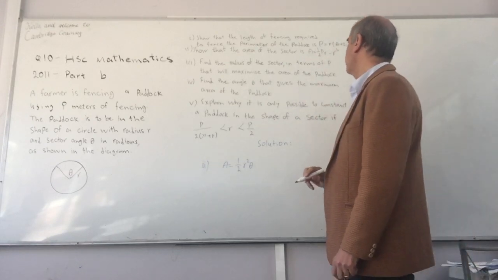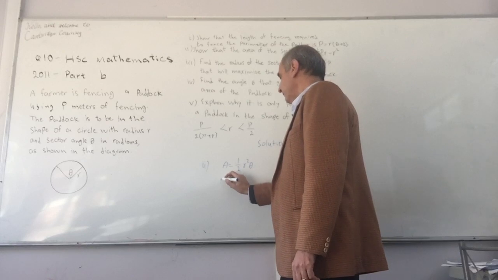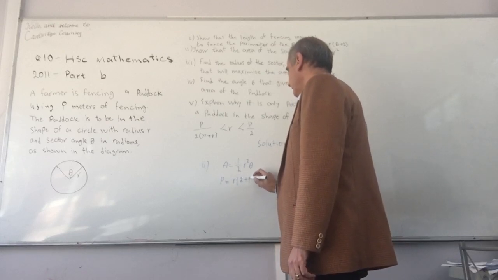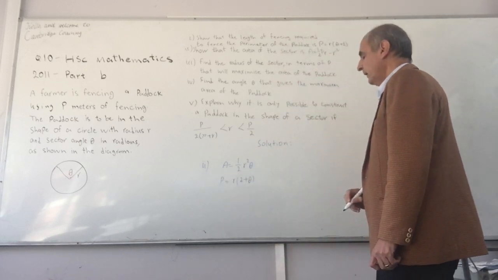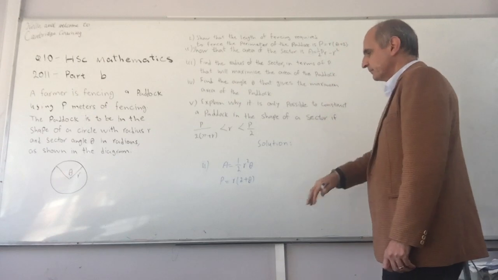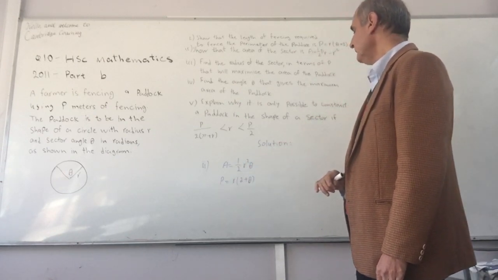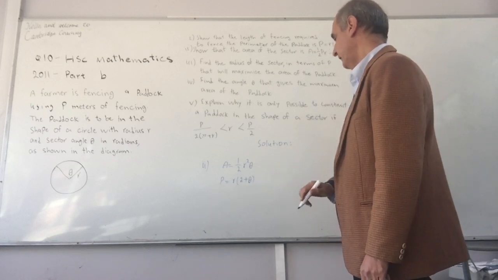Using the previous part, we can do that. So we have P is equal to r times 2 plus theta. That's from part I. And then we need to find theta from here and sub that in.